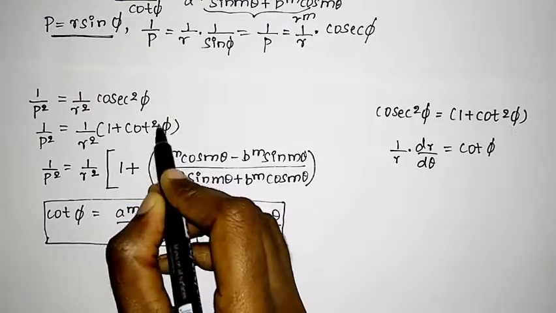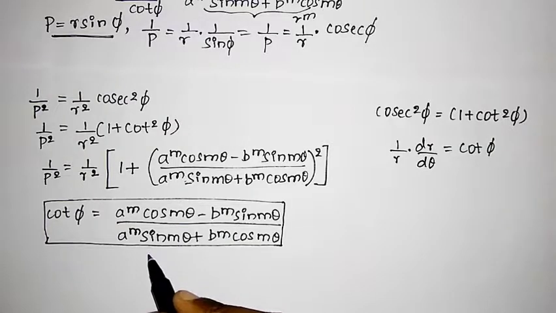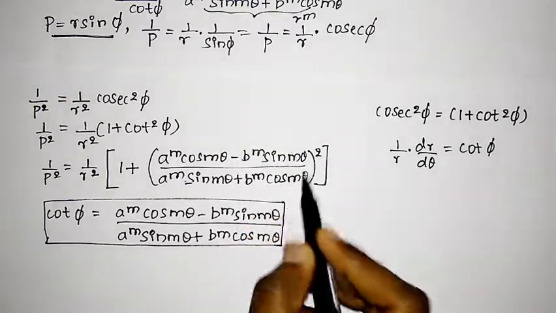Here we have cot square phi, so it is the whole square. So now we shall find the square of this.